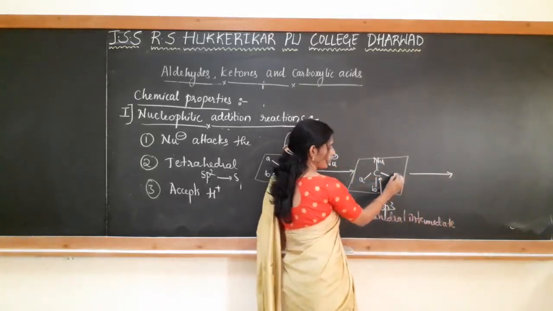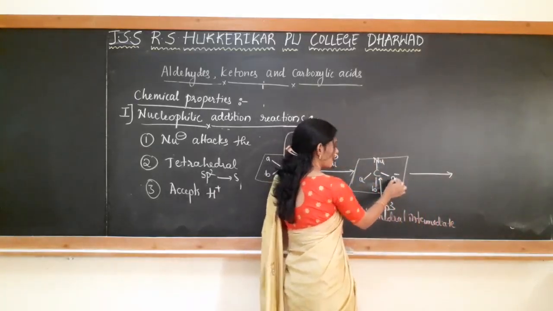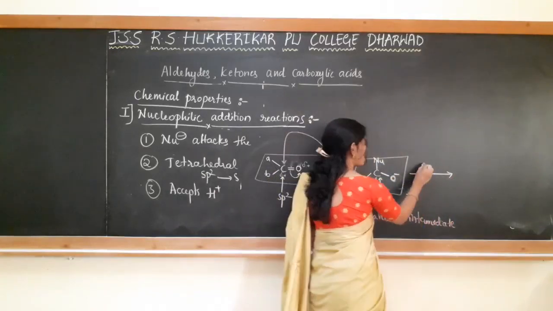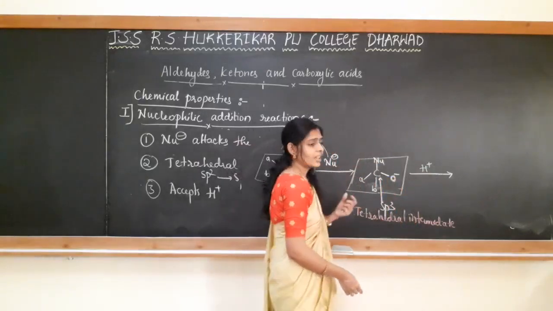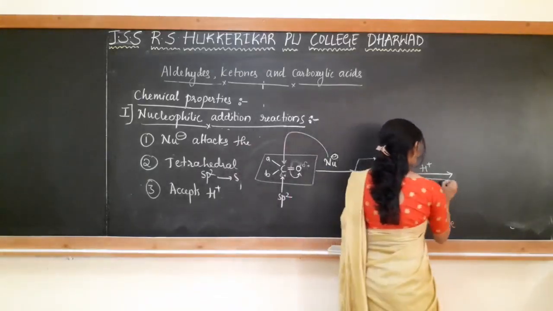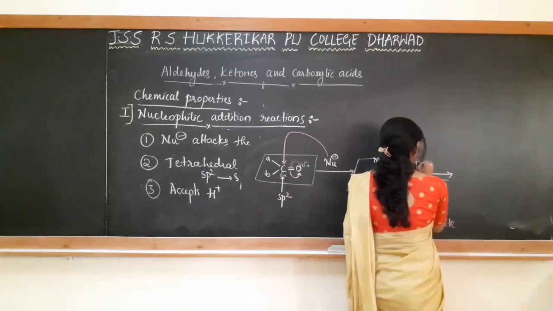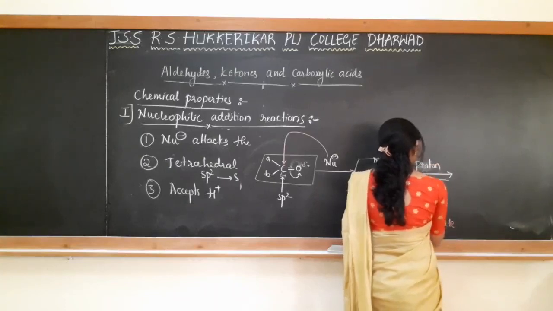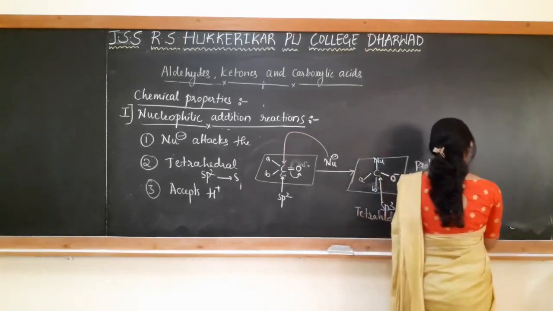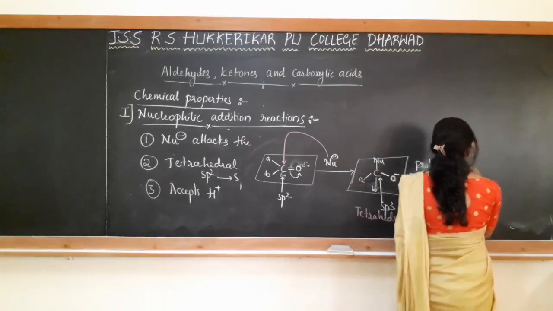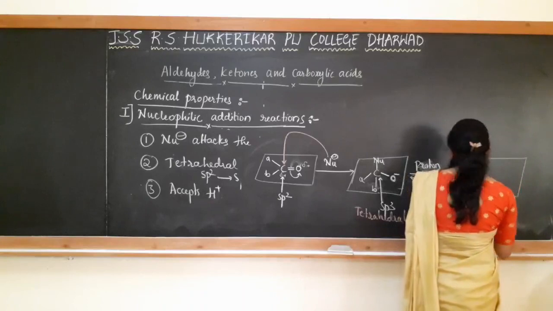Here you can observe O minus, the oxygen carries a negative charge. So this is neutralized by accepting a proton from the medium or from the reagent. So the proton transfer takes place to form a stable compound, the final compound.